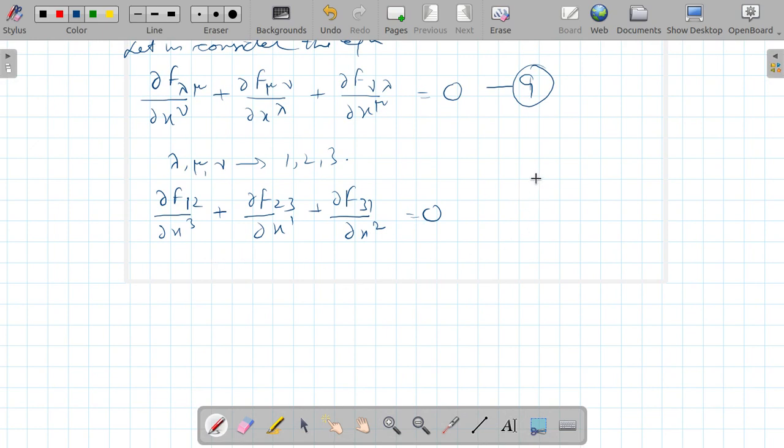Now we will use equations 6.4, 6.5 and 6.6 from the earlier lecture, substituting these values.